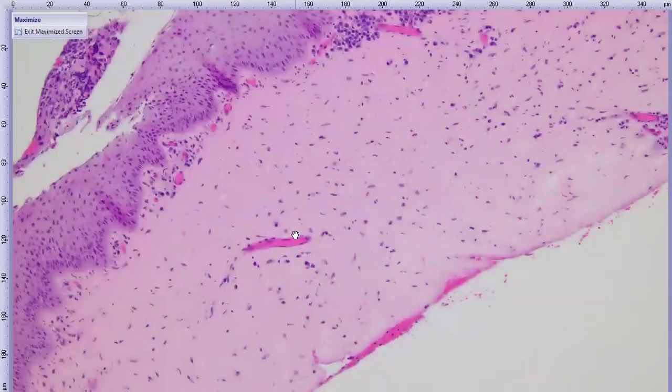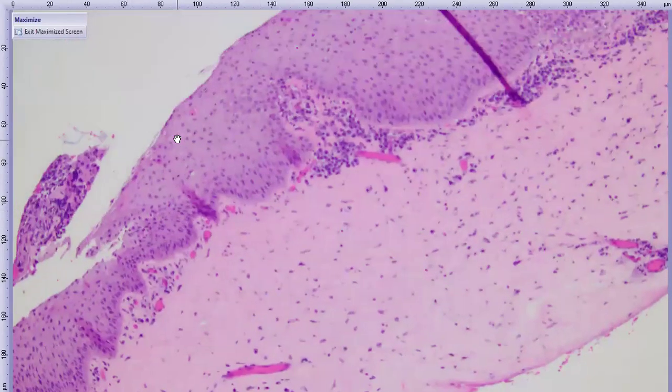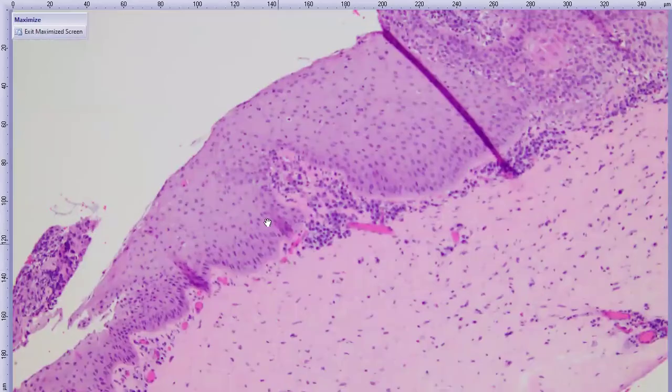So let's get closer to our corneal stroma. We've got corneal epithelium here. It's pretty hyperplastic. We've got a nice basal cell layer, and it progresses normally.